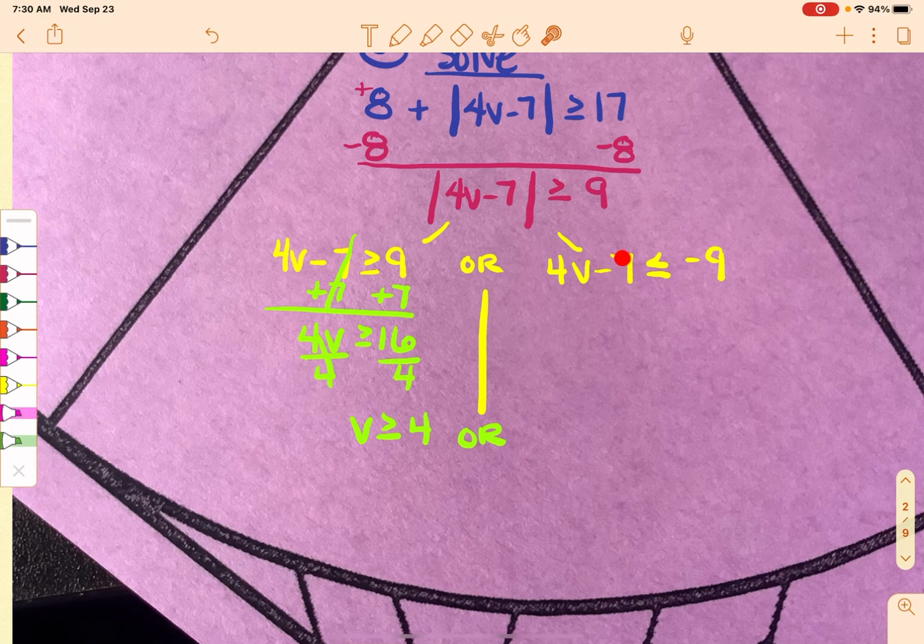Okay, now we're going to continue on the other side. So we'll start with getting rid of this 7, just like the other side. So add 7. So 4v is less than or equal to, and negative 9 plus 7 is negative 2.